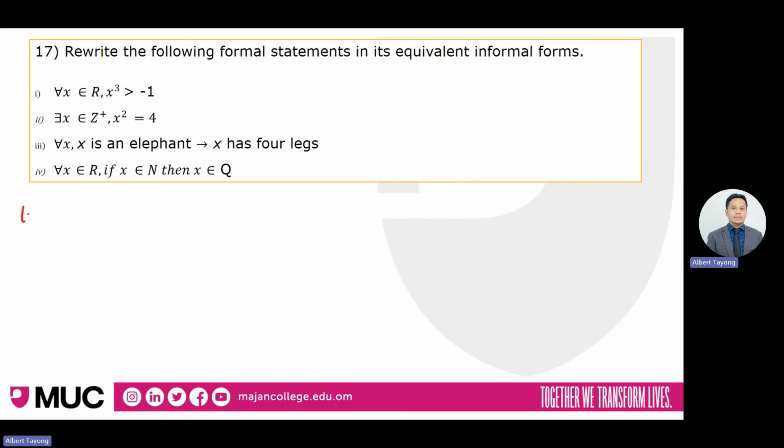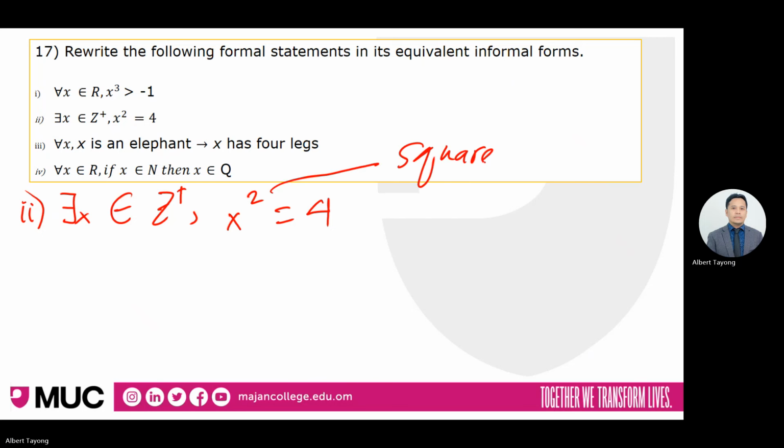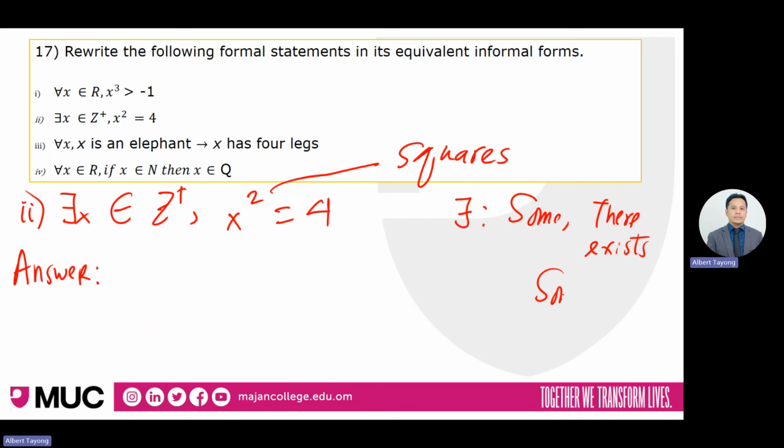So number 2, we have this symbol, in Z plus, such that. Usually we say such that, or you can use directly, whose. Here we have x squared, so we can use squares. Some is easier to use with the plural. So we use some, there exists, somebody, someone.